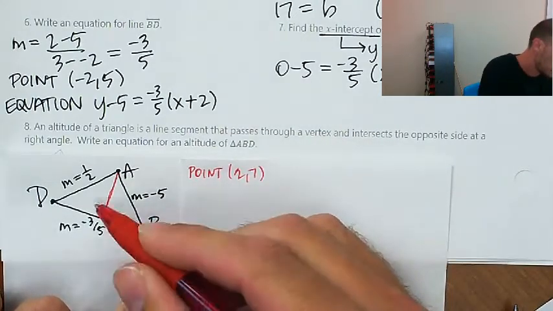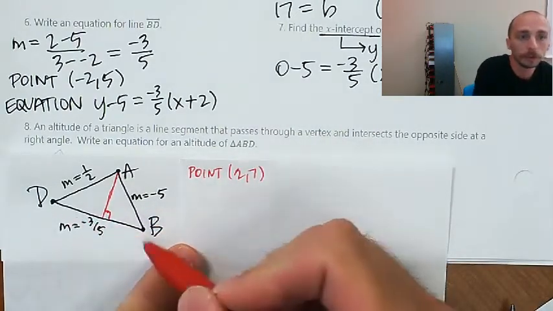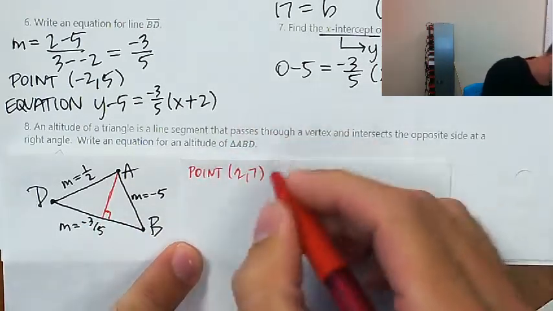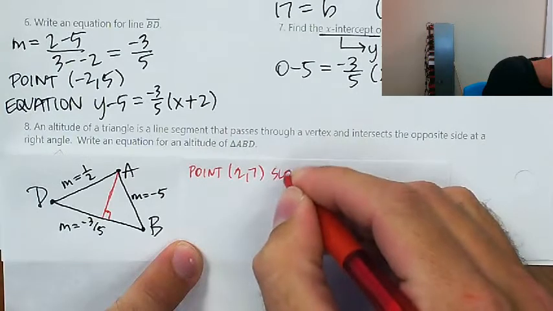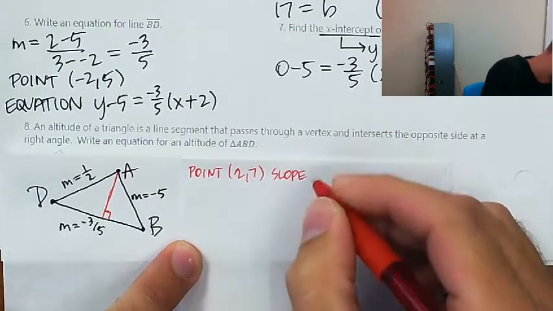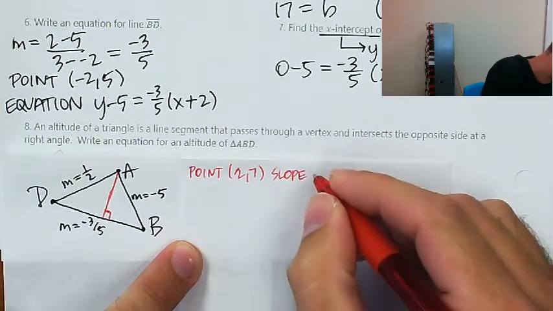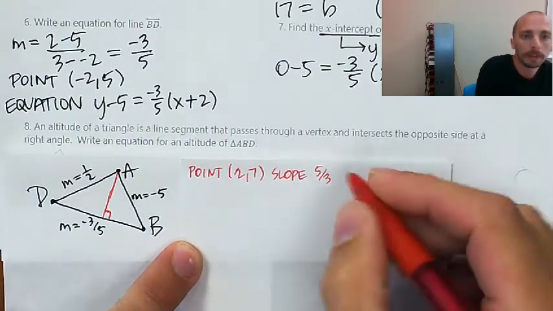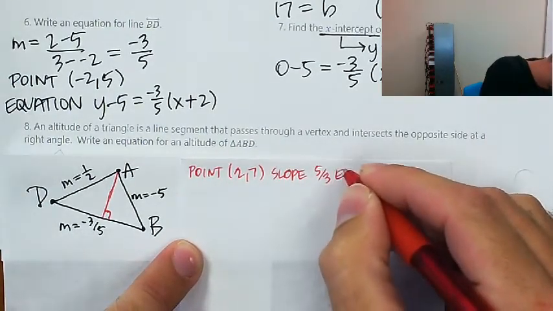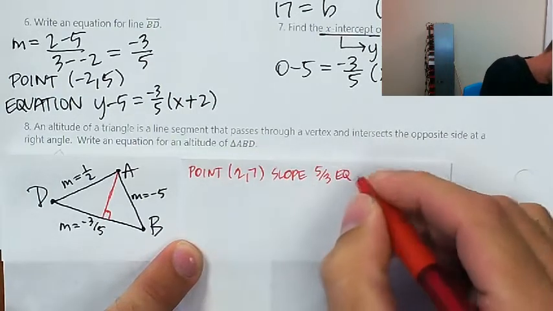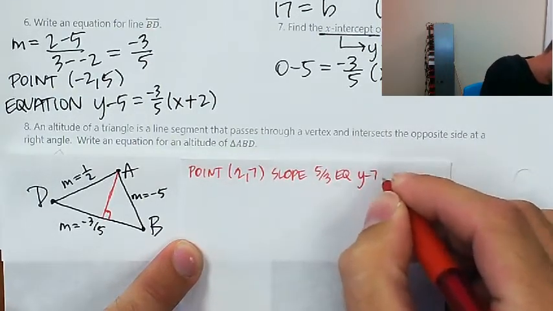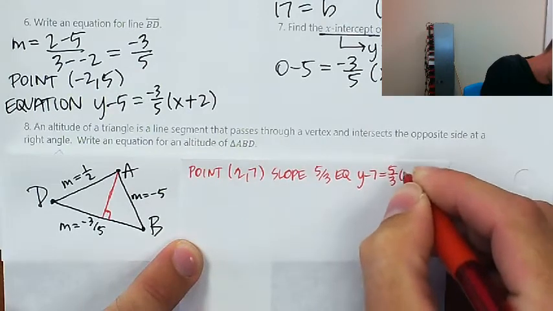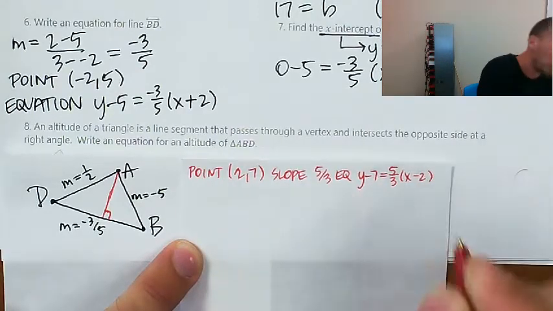It's going to have slope perpendicular to line DB, so that's going to be positive 5/3. Okay. And then I'm going to write the equation. Okay. Using point slope form, y minus the y coordinate of the point is equal to the slope times x minus the x coordinate. Okay.